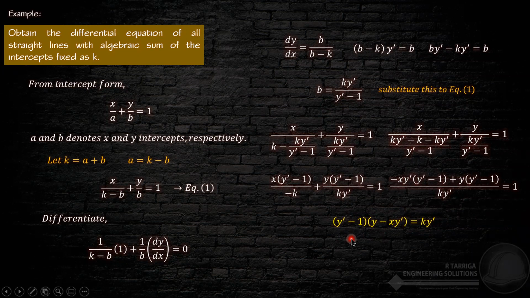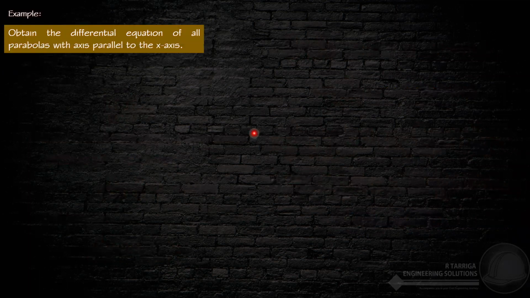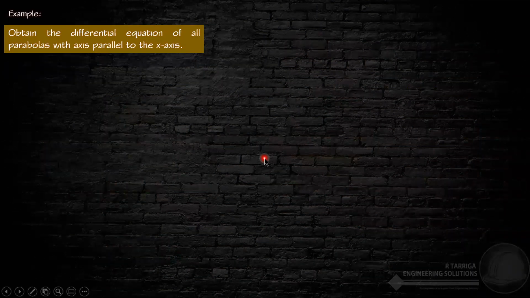Next. Obtain the differential equation of all parabolas with axis parallel to the x-axis. Okay. So, di ba, ang x-axis is ito, horizontal. And vertical is yung y-axis.